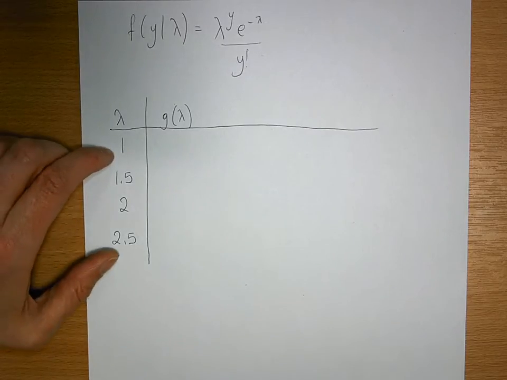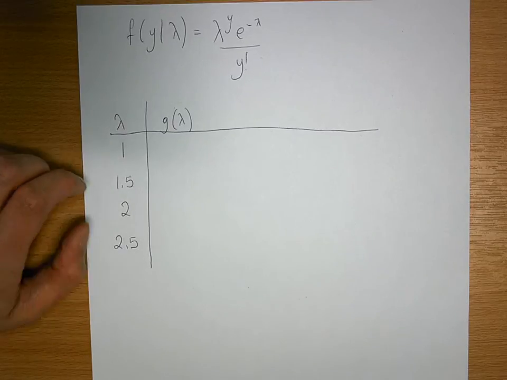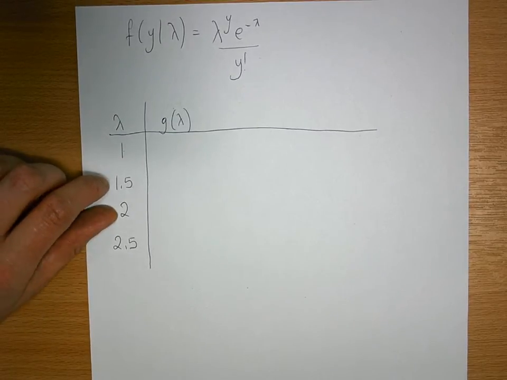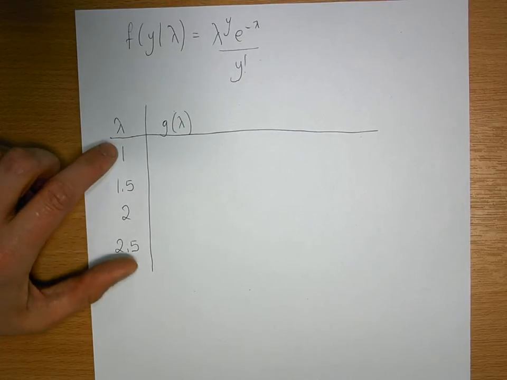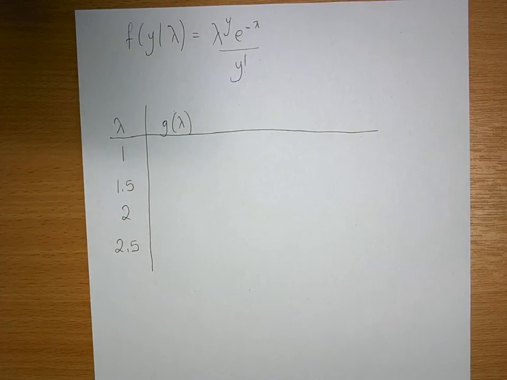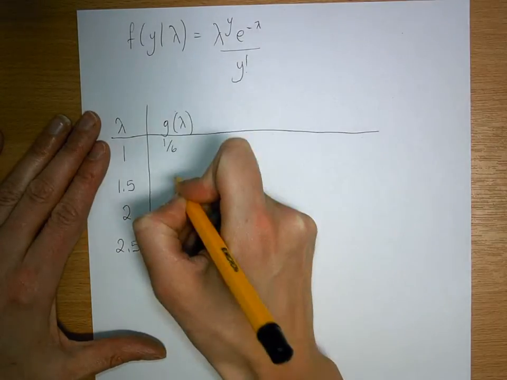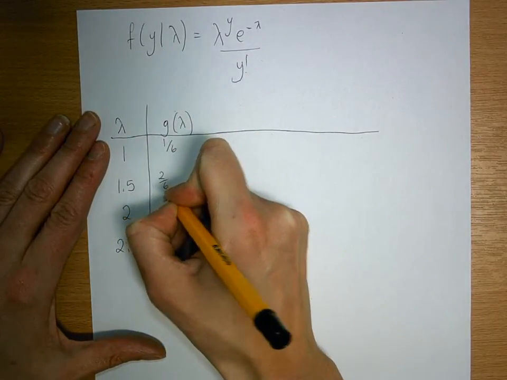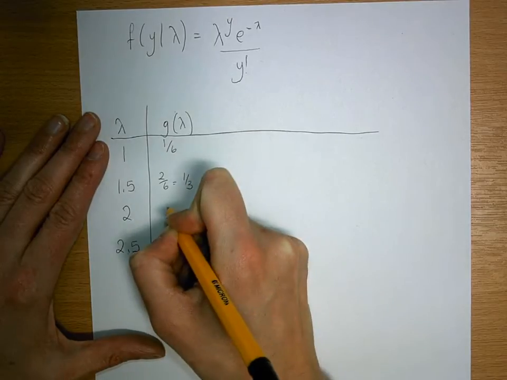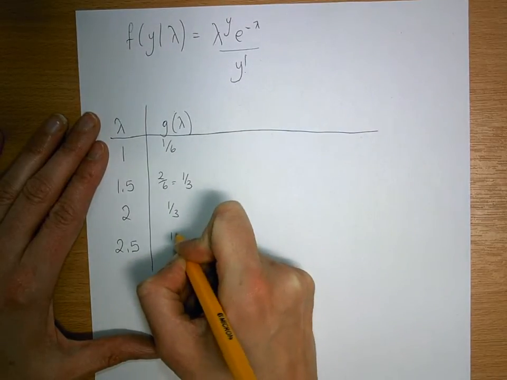So 1 and 2.5 have equal prior probability. 2 and 1.5 have equal prior probability, which is twice that of 1 and 2.5. Yep. So we have 1/6, 2/6, so that's a third, and 1/6.